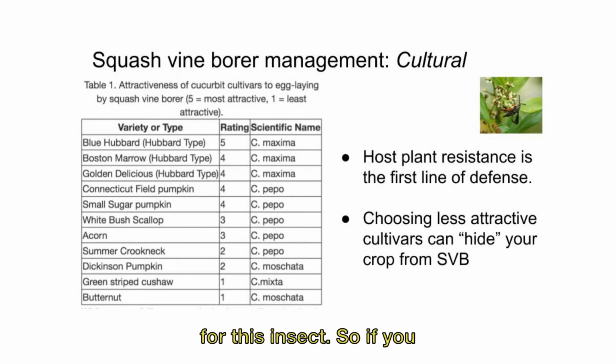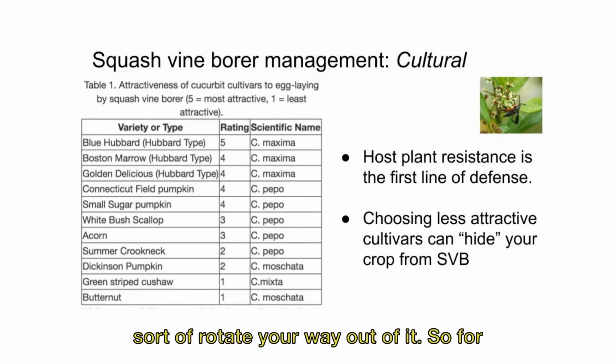So if you are experiencing a lot of pressure, one of the things you might do is don't grow varieties that are favorable for this pest. And if you can do that maybe for a few years, you might be able to reduce the local populations and sort of rotate your way out of it.